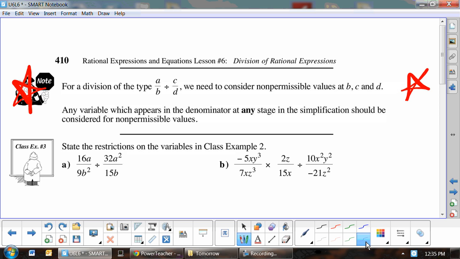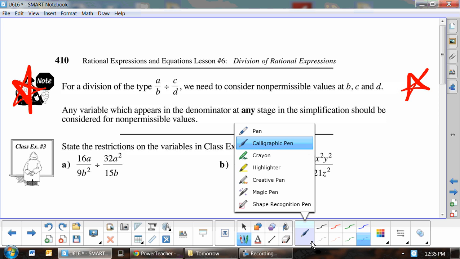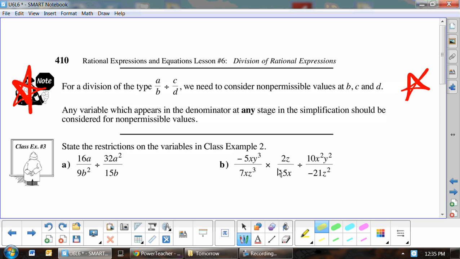So we'll have three places we have to look now. So if you look here, this is where we have to look for our non-permissibles now. Okay? And then they say, any variable which appears in the denominator at any stage should be considered for a non-permissible. So in our original and after our reciprocal, we have to deal with it.